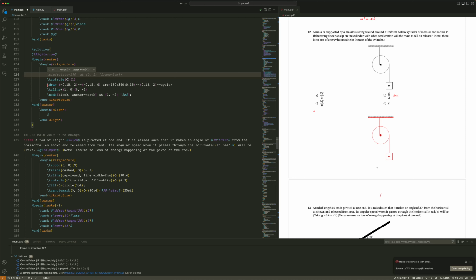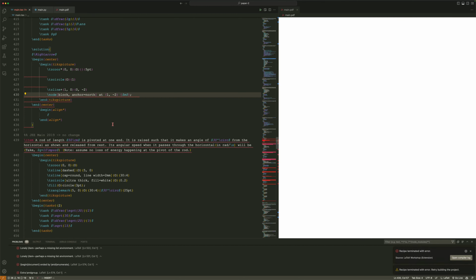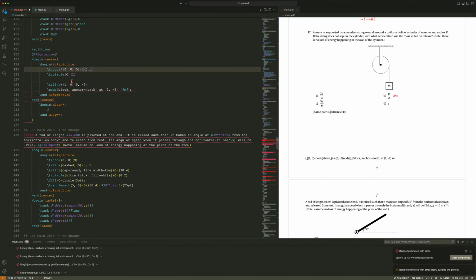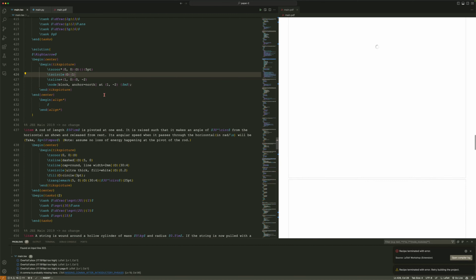I think this also can be removed and the line which is anchored, or I think let's run it first. Let's see what happens. So nothing. Oh, I think we made an environment where a blank line is not allowed.